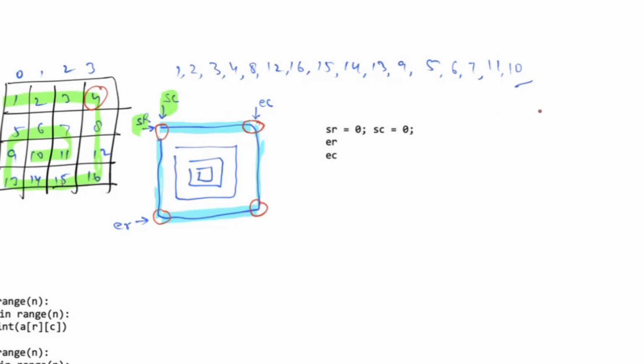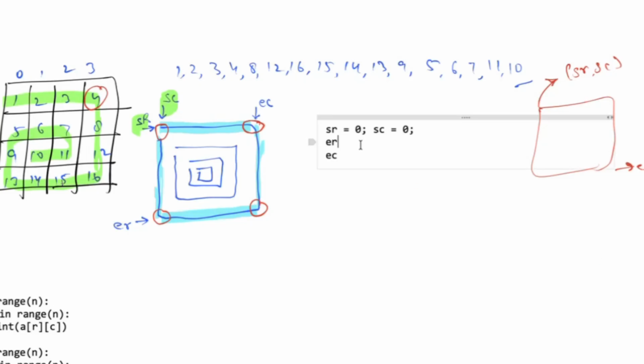It is like, in a two-dimensional plane, you have this rectangle, and this point is the starting row, starting column, and this point is the end row, end column, right? What should be the value of end row and end column? End row should be n minus 1, and end column should also be n minus 1. All right. We have got the coordinates of the outermost layer.